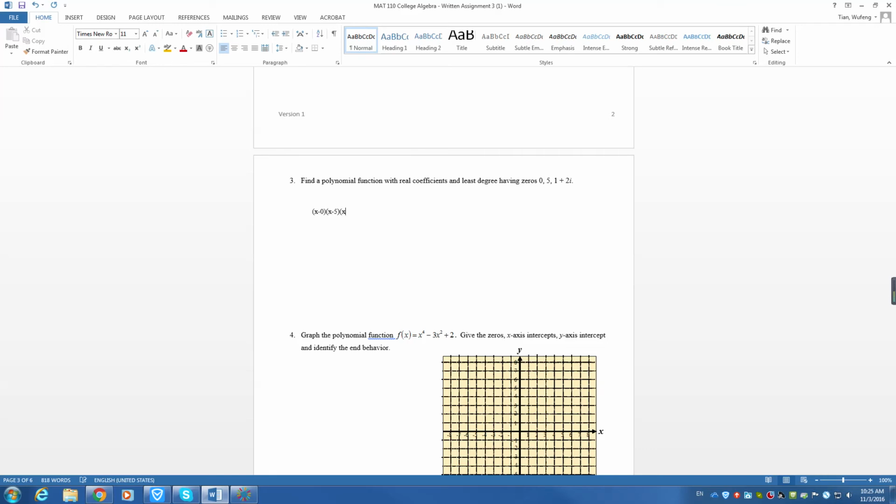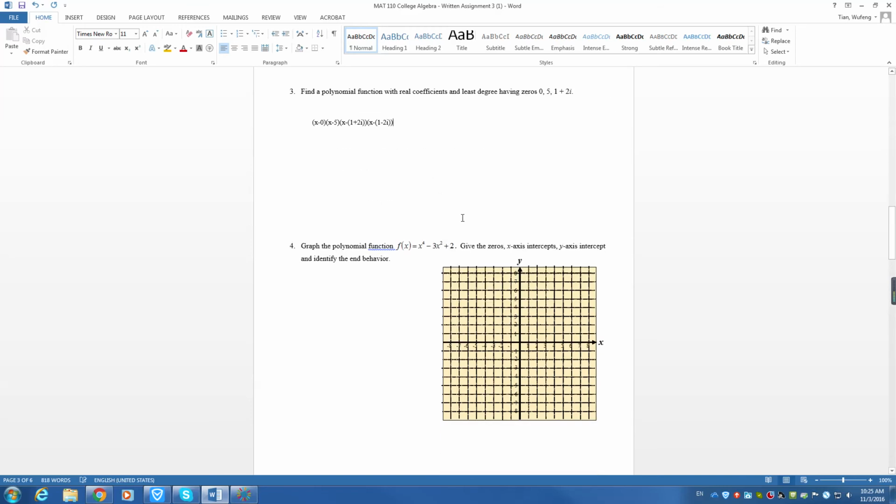The second root is x minus... the root is 1 plus 2i, right? Well, there's another one: a complex root always comes as a pair of conjugates. If there is one complex root, you also have another one for sure. So the conjugate of this one is 1 minus 2i. Okay, so you have that, and I'll simplify that, right?